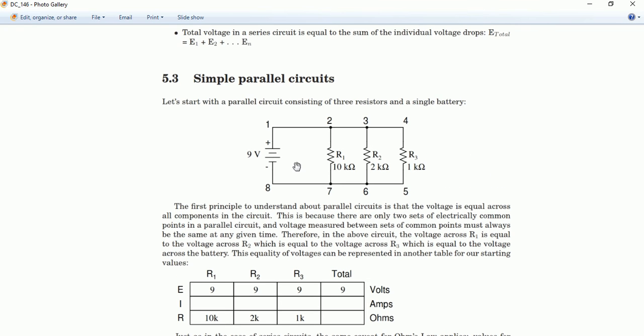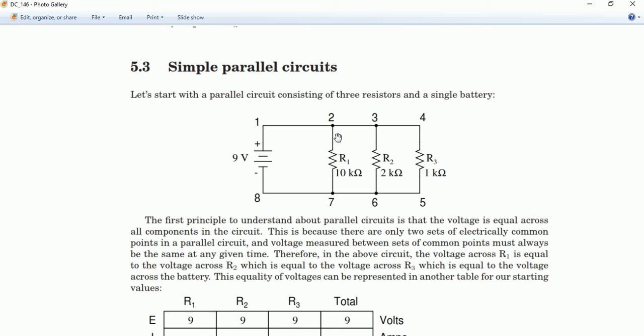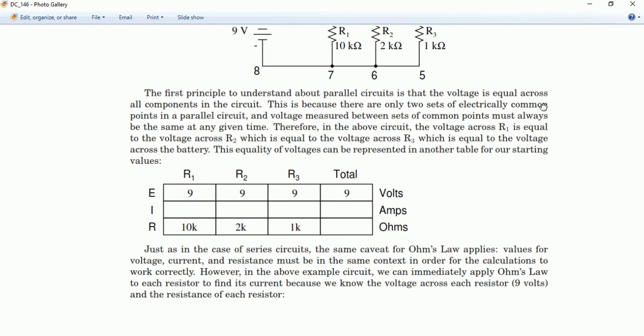Another approach would be to calculate the individual currents, as we have 9 over 10k to get the current in this branch. Similarly, 9 over 2k gives the current in that branch, and 9 over 1k gives the current in this branch, and when we add up these three currents we get the total current.